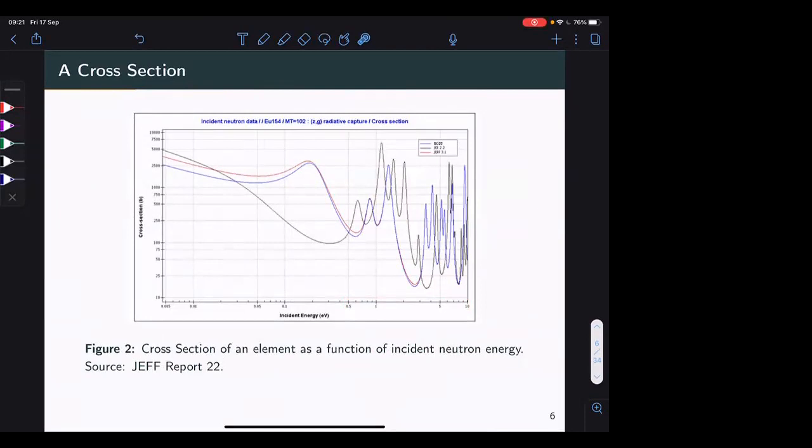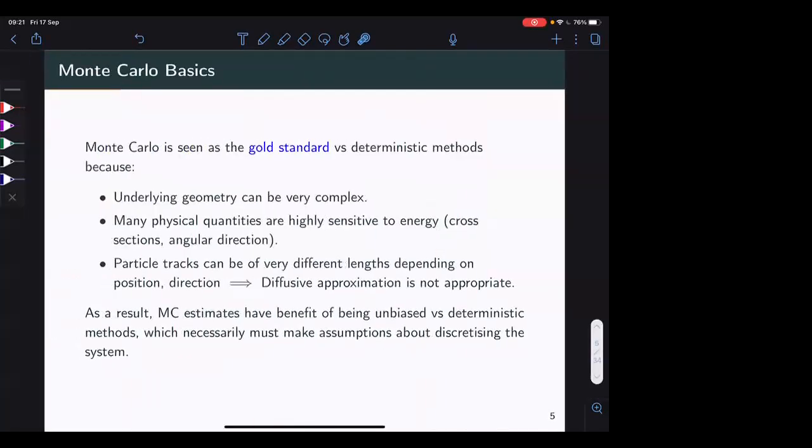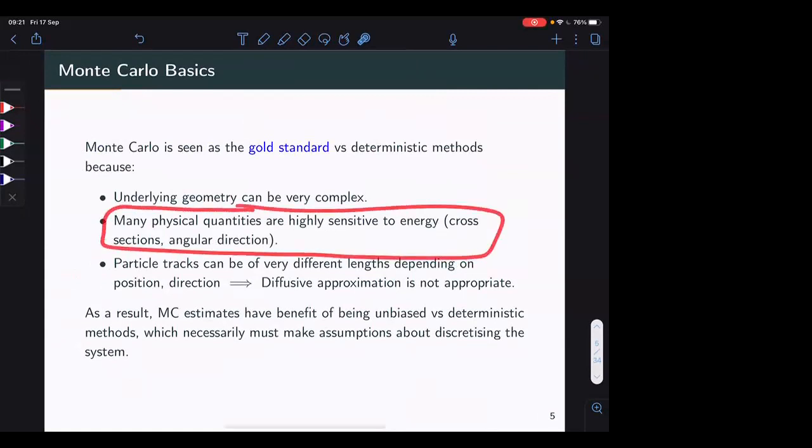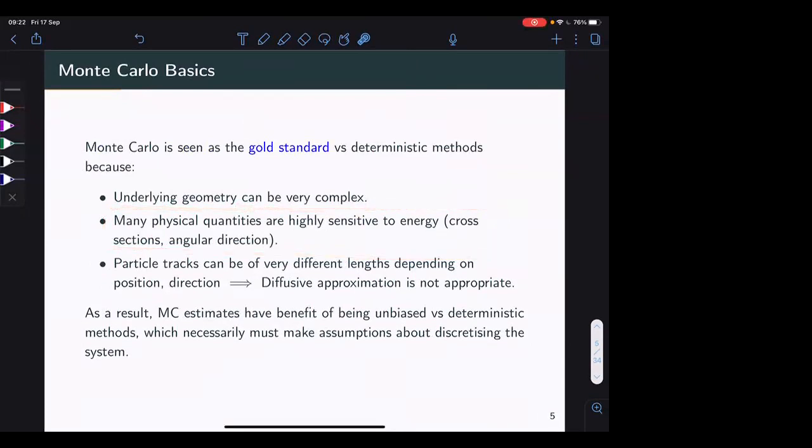This is just scattering, this is just absorption, capture, not scattering. So you've got lots of different levels of complexity. Scatter angle is also very complex depending on what's going on. So there's a real issue here, which makes deterministic methods extremely difficult to work in full fidelity.